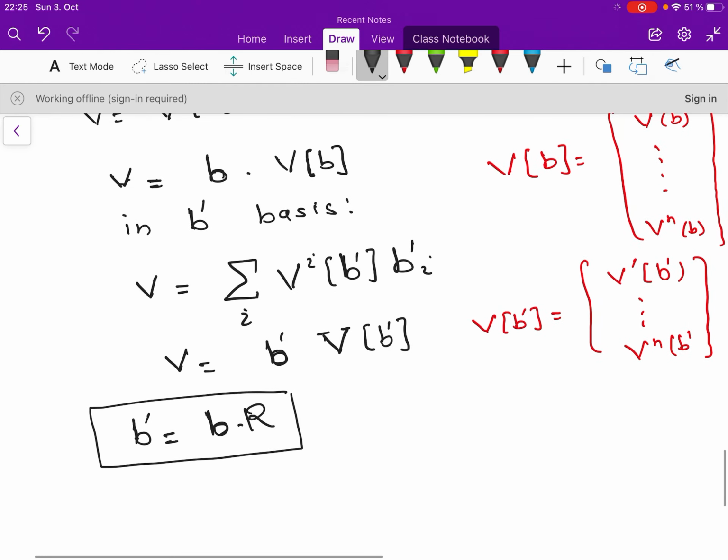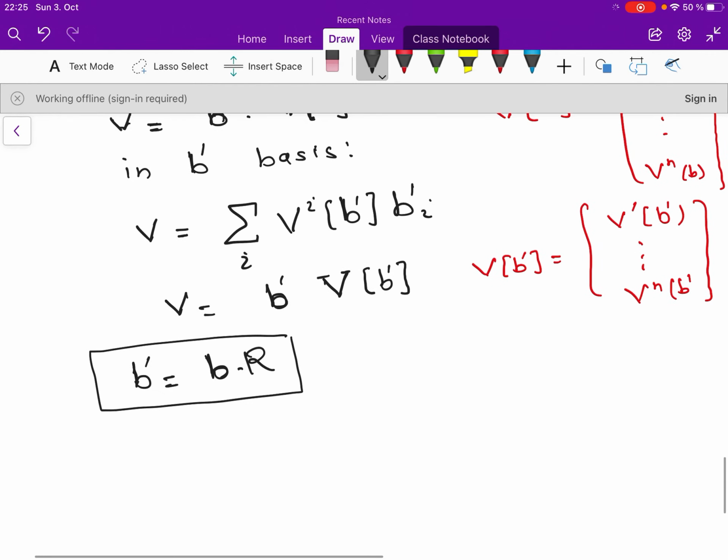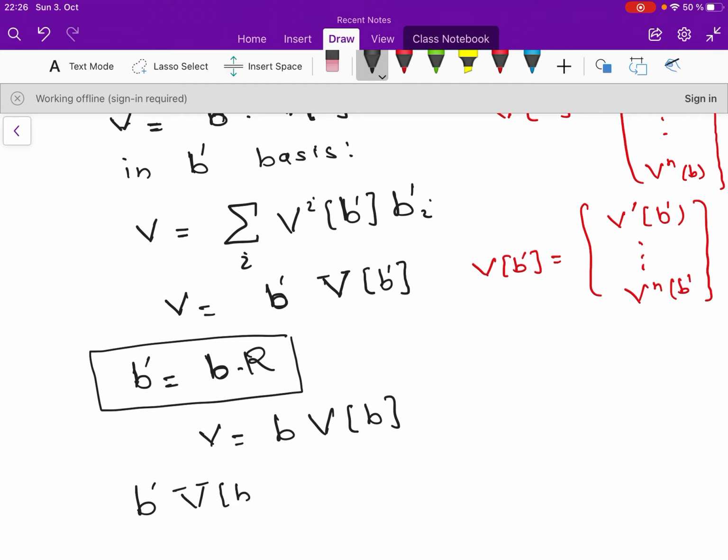Now if I apply this equation, what I will get is V is equal to B V_B, and similarly the same vector is represented in the primed coordinate system as B prime V_B prime.